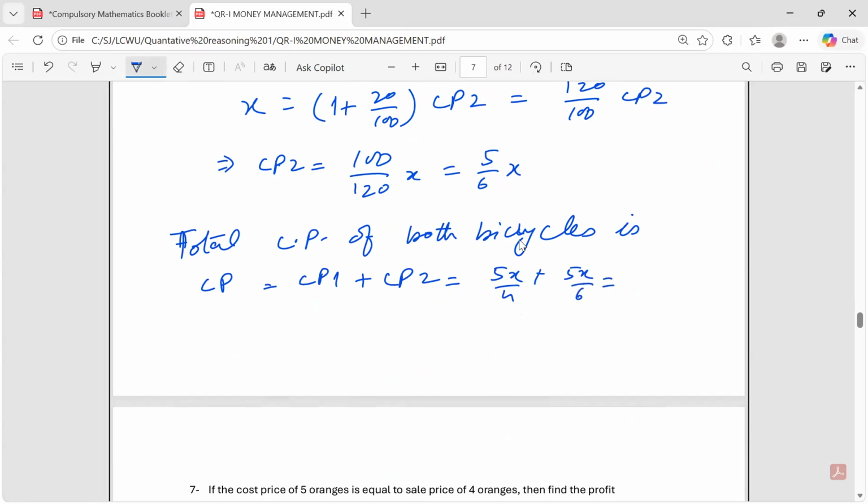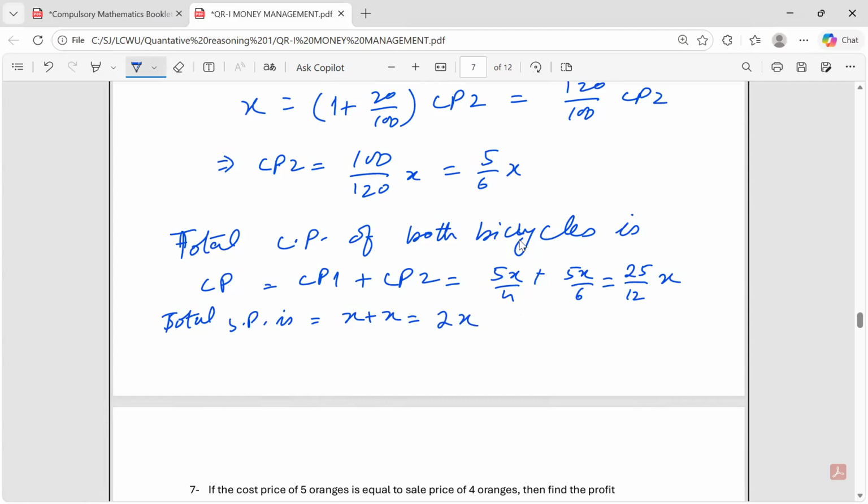If you add them and simplify, the LCM will be 12, and it will be 25 by 12 x. Now the total sale price: both bicycles are sold at x rupees, so it is x plus x, equal to 2 times x.